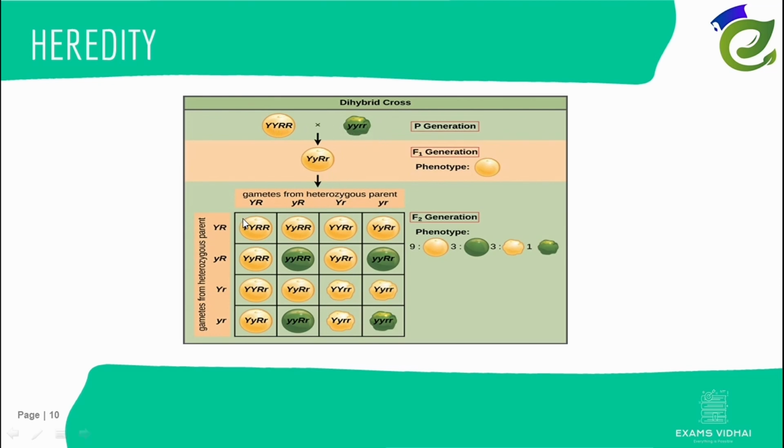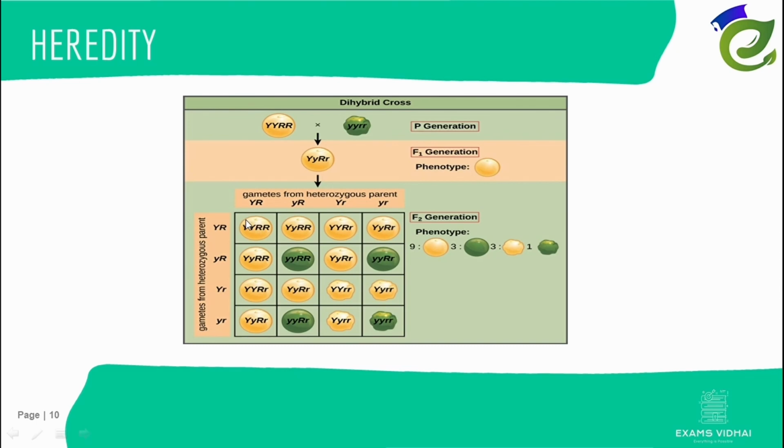Now if you check here, you will be getting, okay. Now in this table we have two different characteristics. One is color and the other is shape. So if you look at the gametes here, capital Y, capital R, the first characteristic is color.